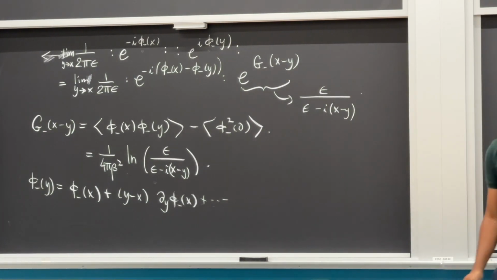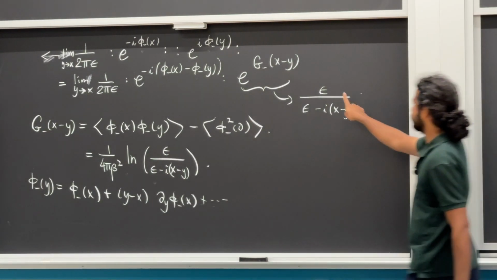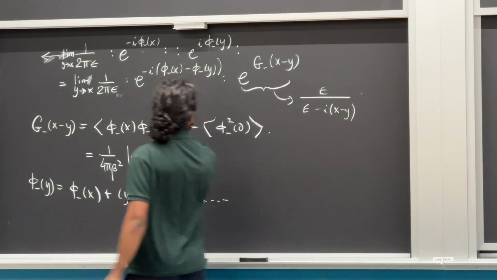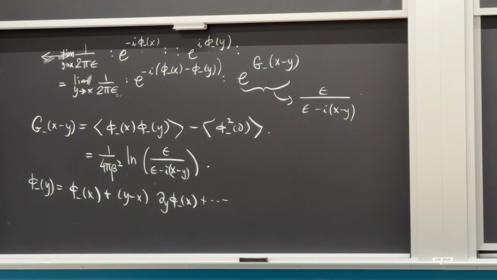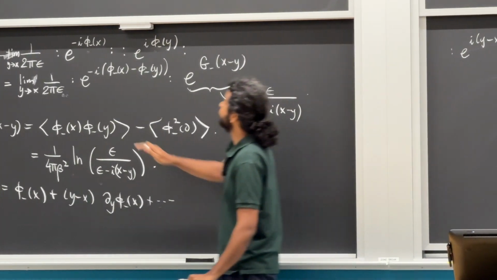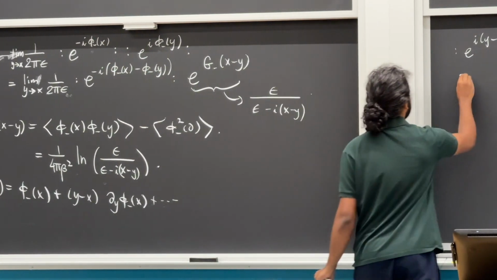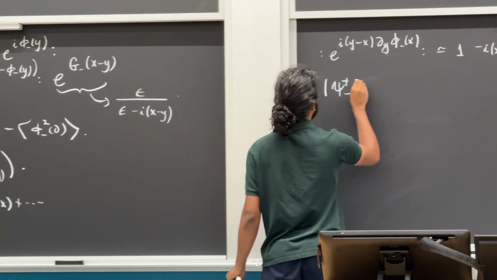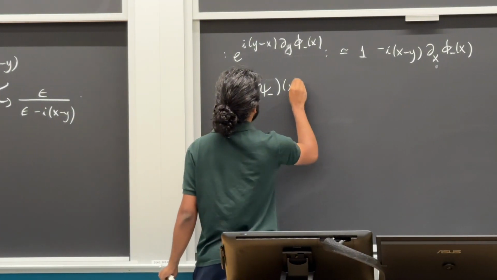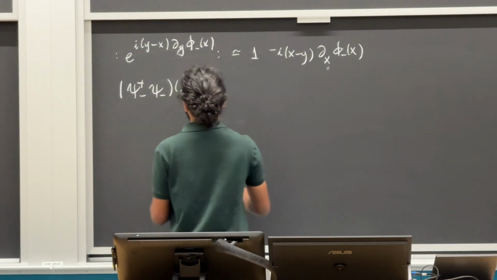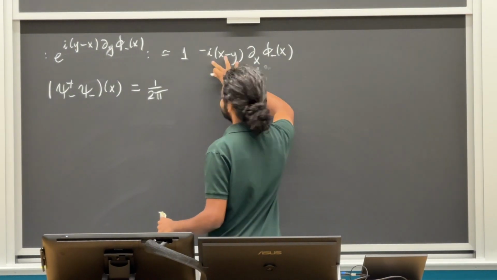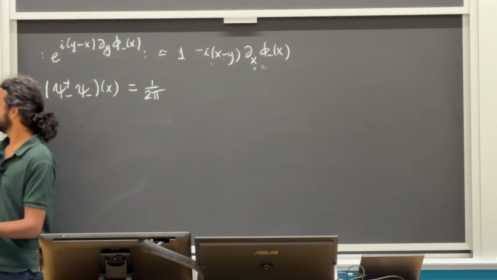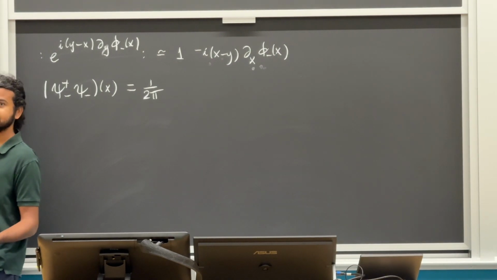And epsilon is small, so this epsilon will cancel with that one, and to leading order you can evaluate this thing to be i by 2 pi, and x minus y will cancel against x minus y for small epsilon.